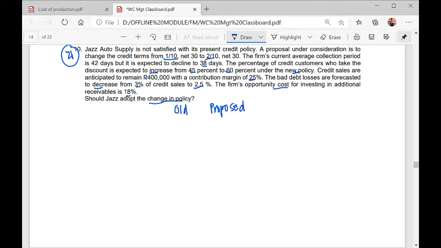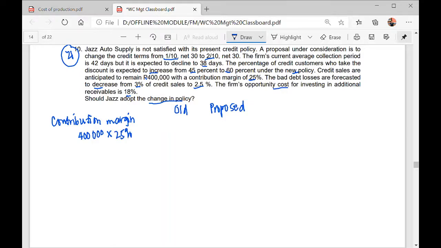So, first let us get the contribution margin. Remember the increase in sales in the problem we solved earlier on AR. So, contribution margin. In the old policy, the sales are 400,000, right? Times the contribution margin ratio of 25%.